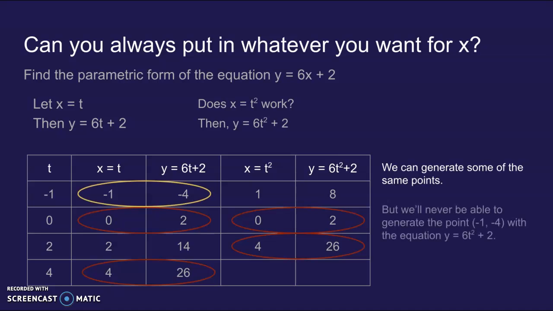But there is no way that I can get -1, -4 from the equation that has the squared value for t. And that's because I've got all positive numbers in the equation for y, and if I square a negative, it still ends up positive. There's no way I can generate a negative y value. So I have to be careful of the values I choose for t, for x. I can't just use anything, even though I often have a lot of things that I can choose.